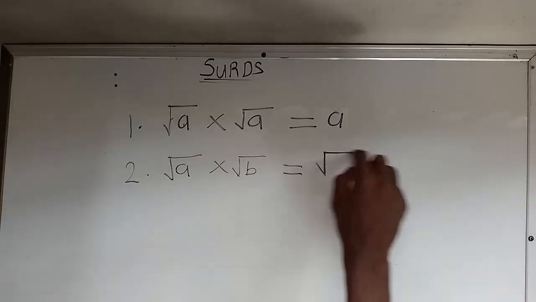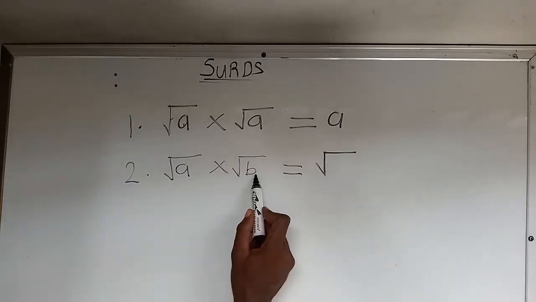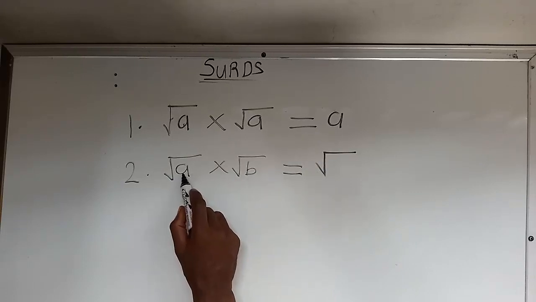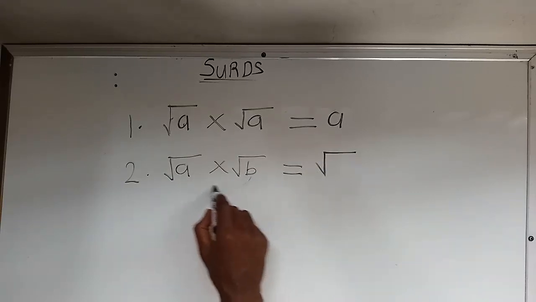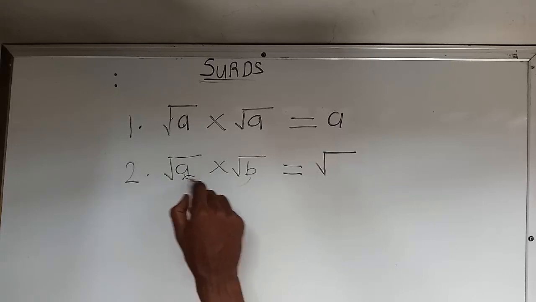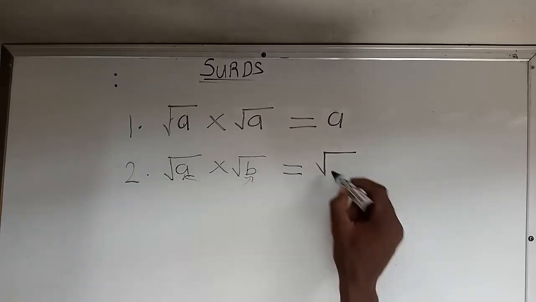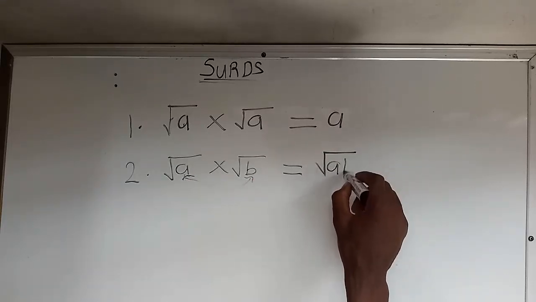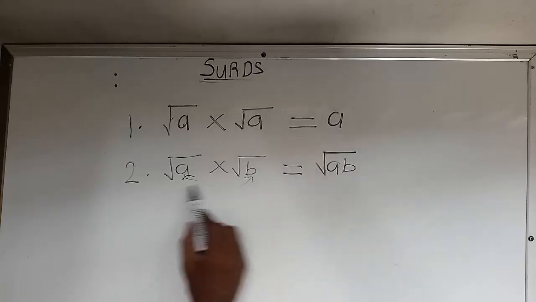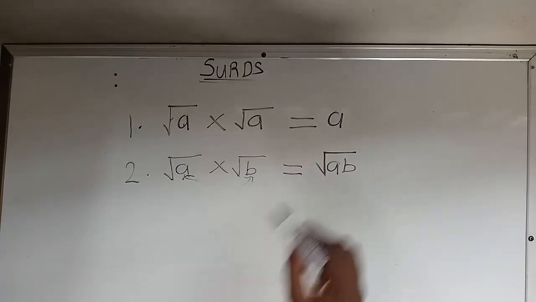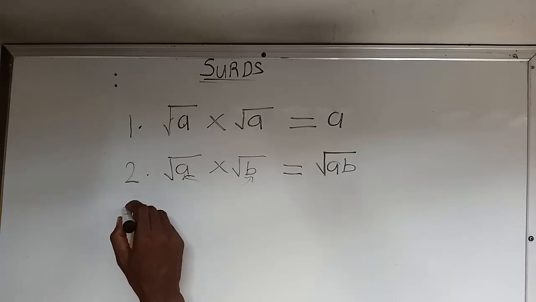Then you multiply the radicand, that is the things that are inside the number under the radical sign. So root of a times root of b is equal to root of ab.